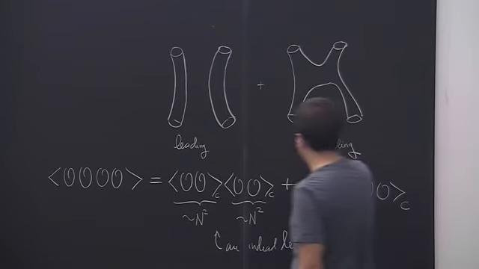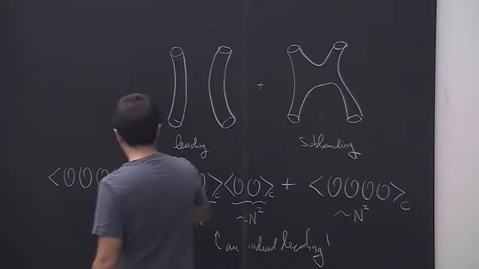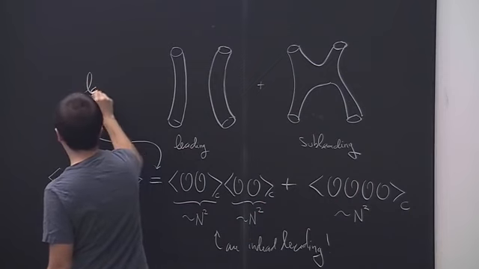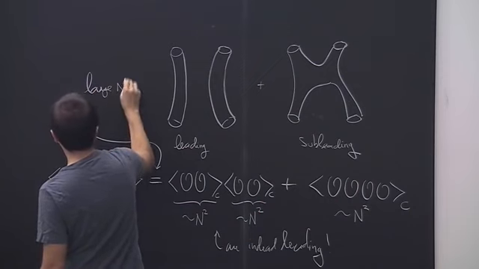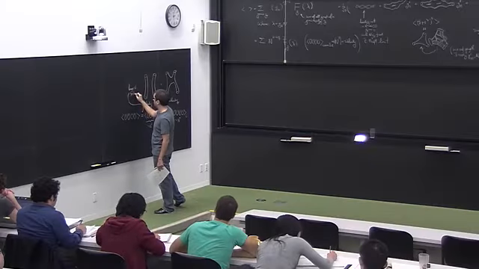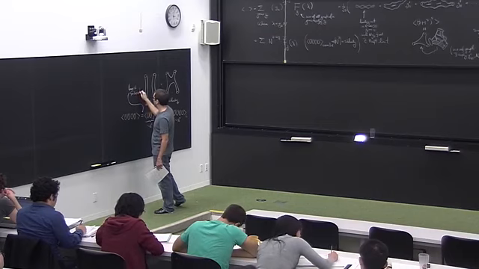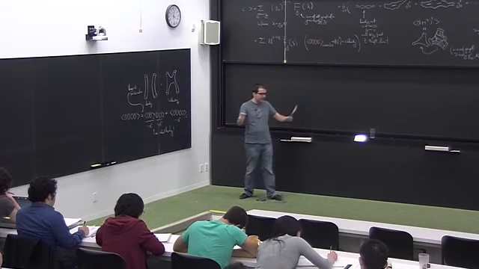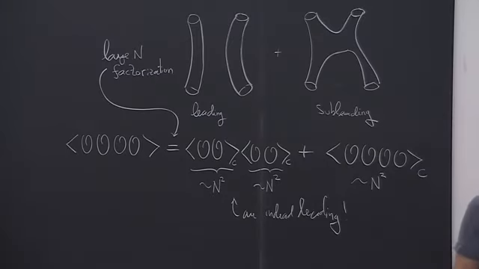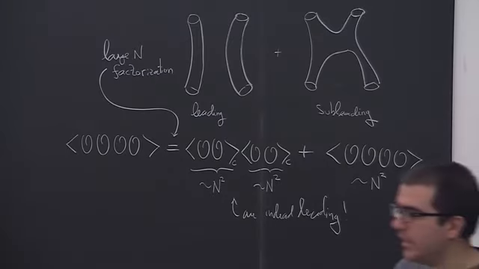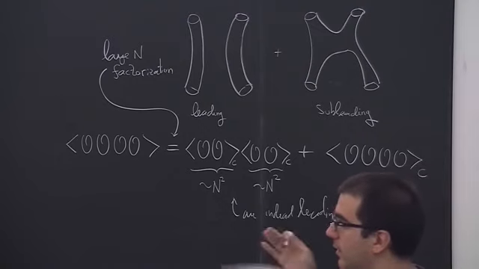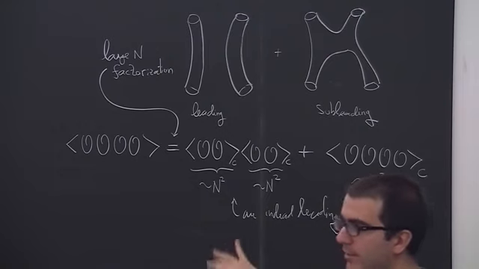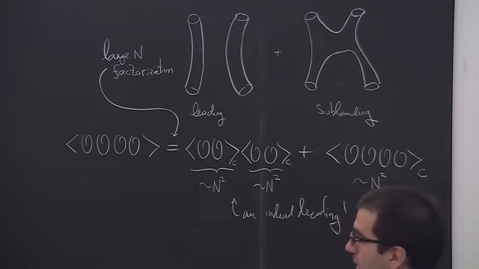And this statement is what is called the large n factorization. It is the statement that to leading order, a correlation function just decouples into 2. It likes to decouple because as soon as you split, you get extra faces in your Feynman diagram, you get extra powers of n.